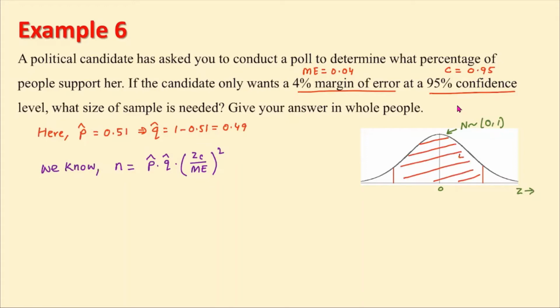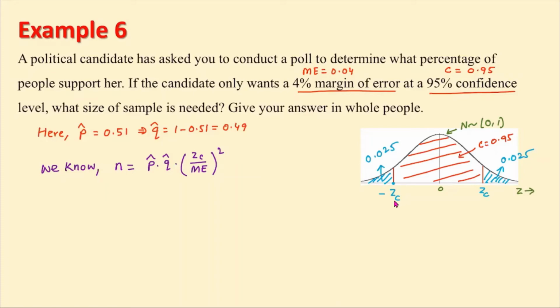So this is C equal to 0.95. Now the remaining area, which is 5%, is divided on 2 tails. So that means on each tail, we have 2.5%, 0.025. Here, and also here we have 0.025. So this value here is the critical value, Z sub C. So this value on the other side is the opposite of that, negative Z sub C.